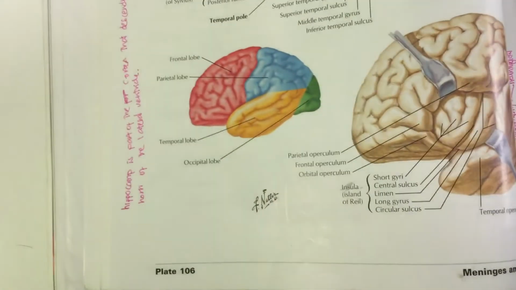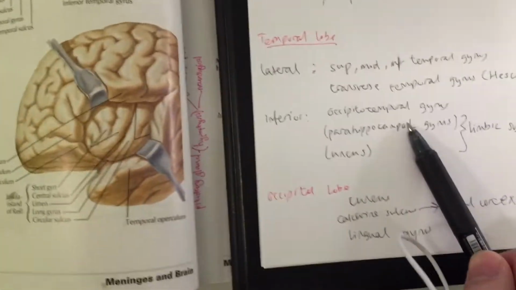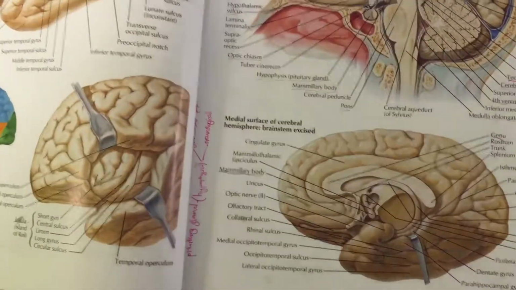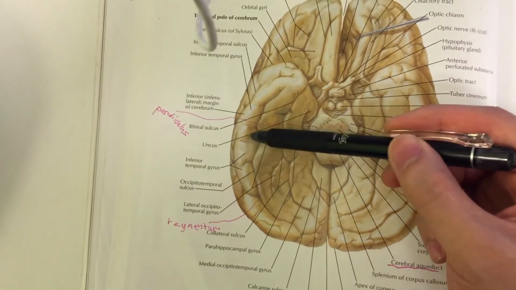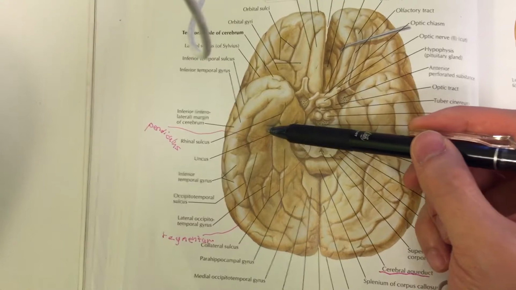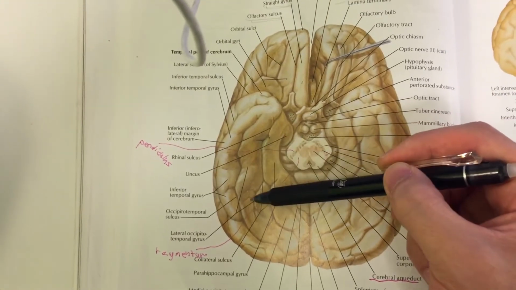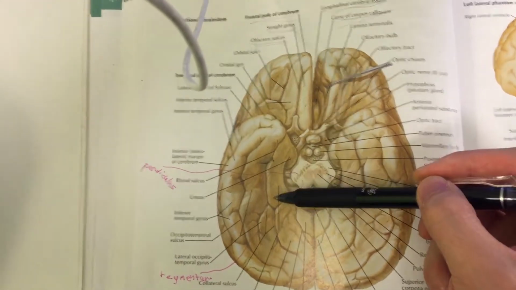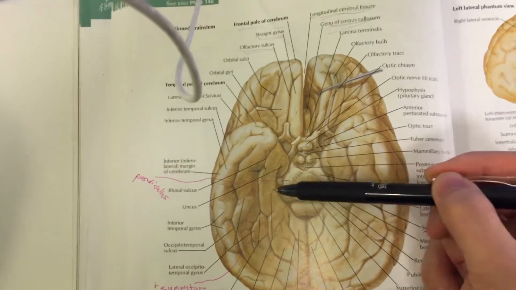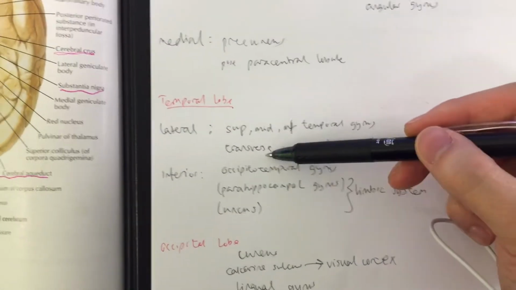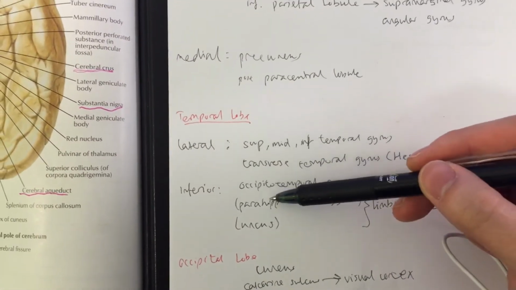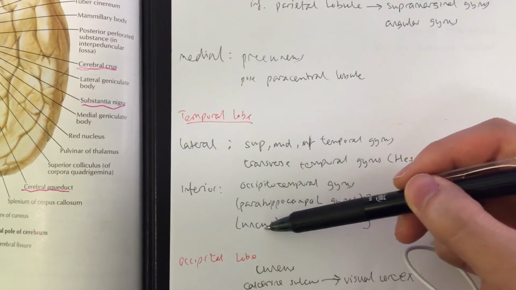Okay, so we looked at the lateral aspect. Now look at the inferior aspect. So here is going to be the inferior temporal gyrus where we left off. Then you have the occipital temporal gyrus, parahippocampal gyrus, and the uncus. But as I mentioned before, the occipital temporal gyrus is part of the temporal lobe, but the parahippocampal gyrus and the uncus are not.